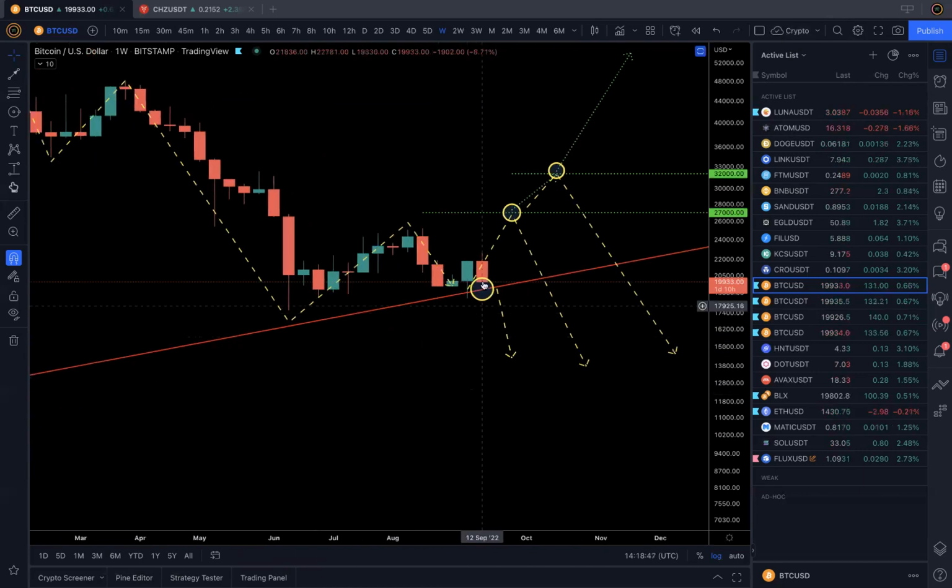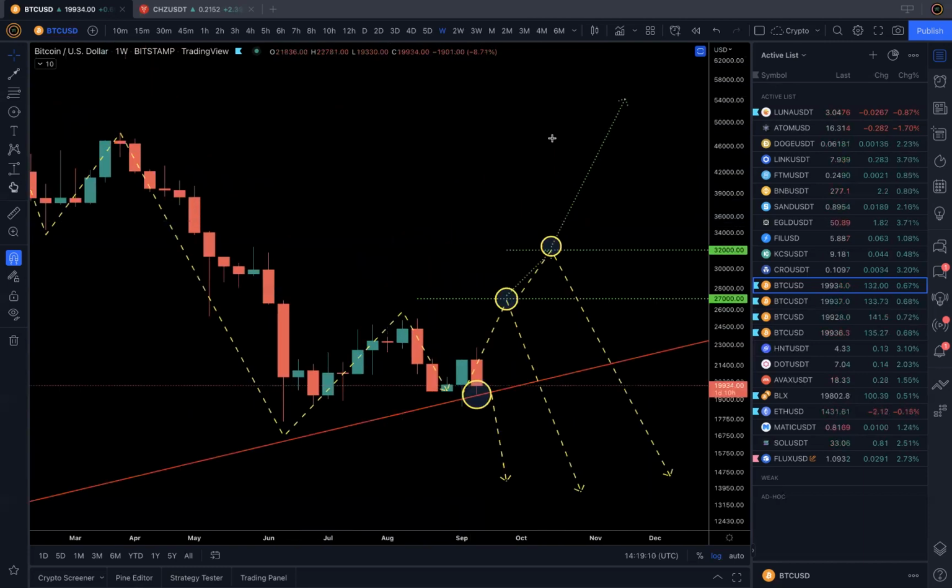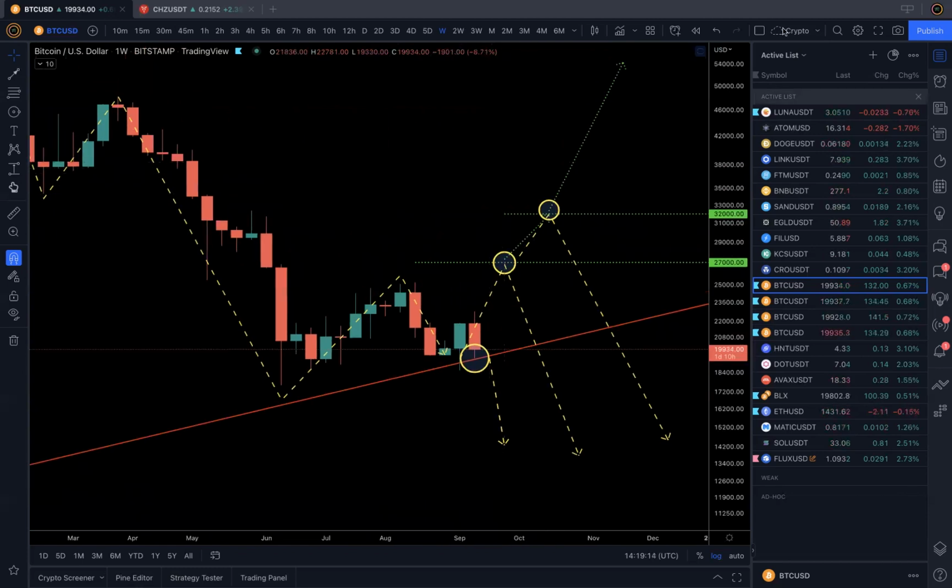It's a bit unfortunate that it has come, but a good thing is it has stopped here and is trying to bounce, right? So it has touched the red line. It didn't go below and it didn't close below, it touched. So that's good news, right? This depiction is from last week, and there's no change to the drawings as it is.